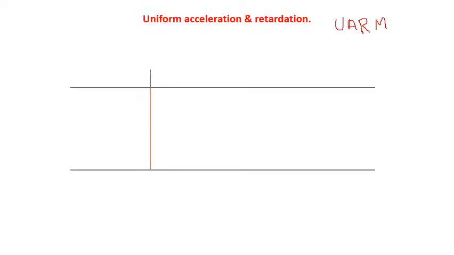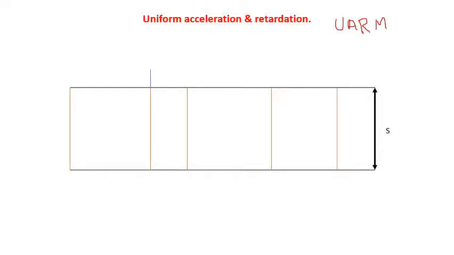First we have to draw two parallel horizontal lines whose distance should be equal to the stroke length. The stroke length will be given in the problem. Next we have to split these horizontal lines into different strokes: first a rise stroke or outstroke, then first dwell, a return stroke, then second dwell.